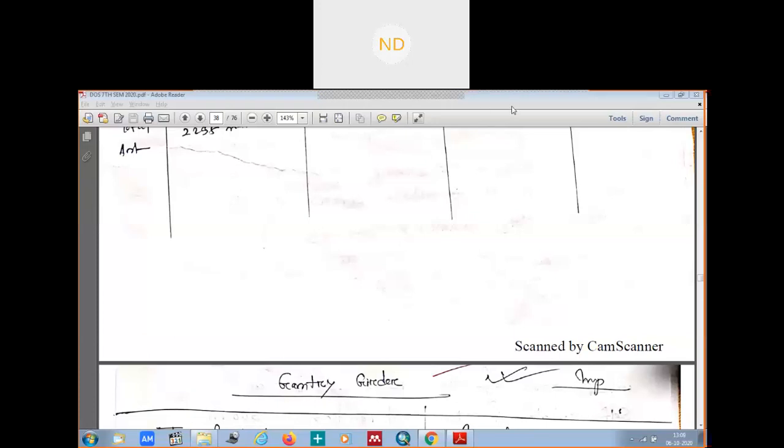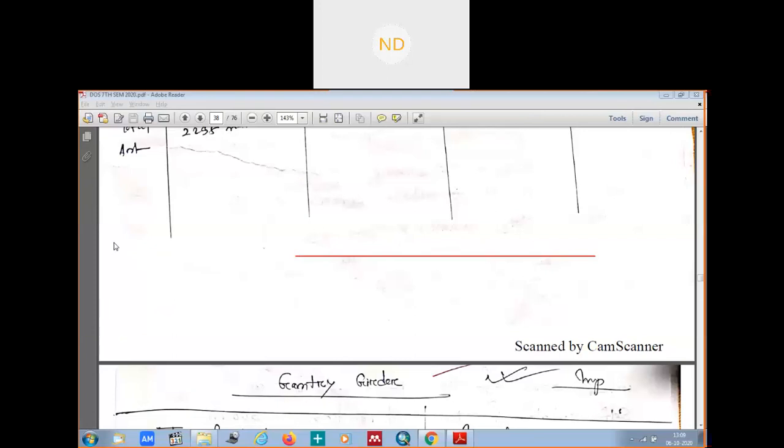If I talk about the maximum shear force, suppose you have, this is the gantry girder.